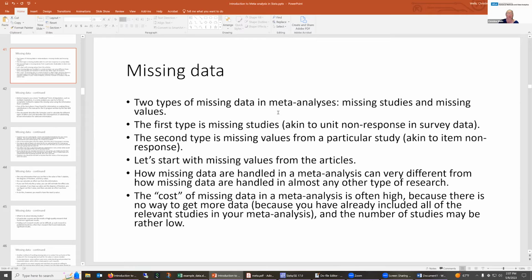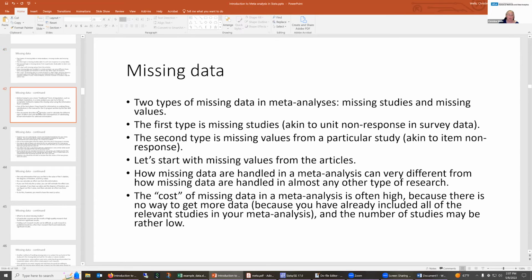If you're working with human or even non-human respondents, and some of those humans weren't terribly cooperative, like human beings can be, and they don't answer all the items on your instrument, you might be able to find some other humans who will answer all your questions, and you're good to go. In a meta-analysis, you don't typically have that luxury.